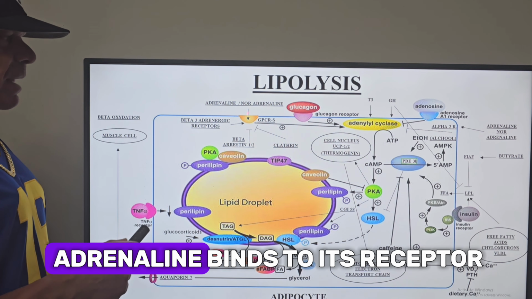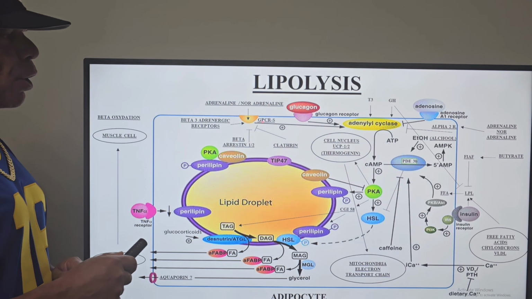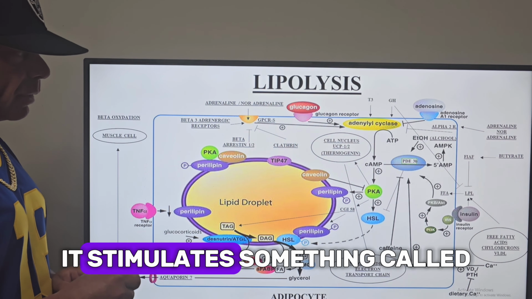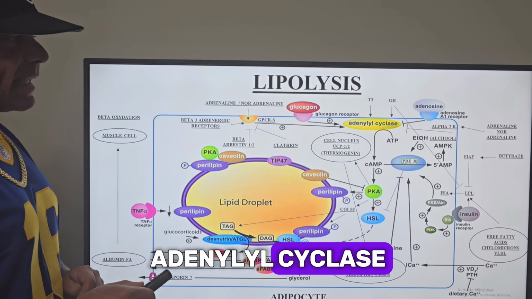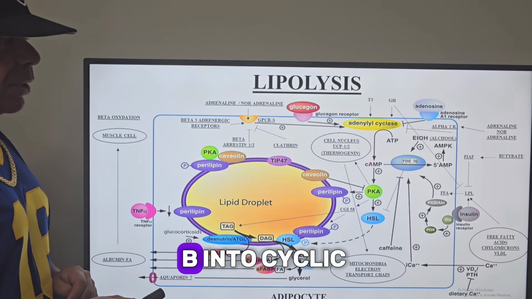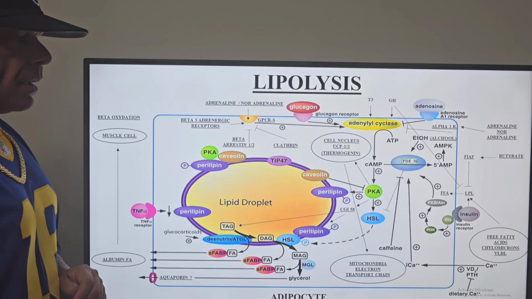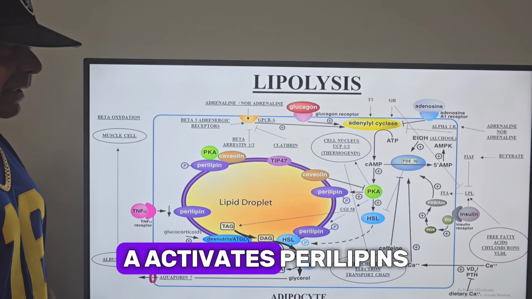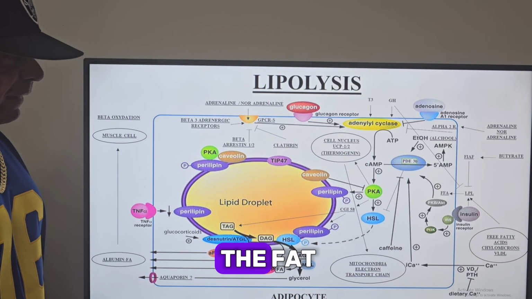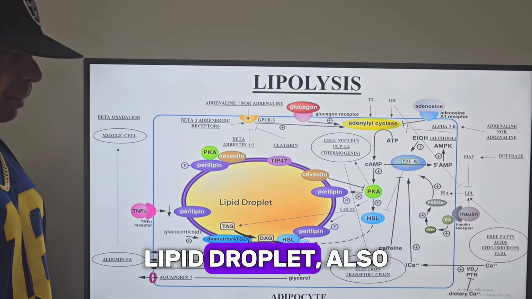When the adrenaline binds to its receptor, which is a G protein coupled receptor S because it stimulates something called adenyl cyclase, this adenyl cyclase is responsible to convert ATP into cyclic AMP that activates protein kinase A. This protein kinase A activates perilipins, which are proteins that start breaking down the fat to remove the fat out of this lipid droplet.